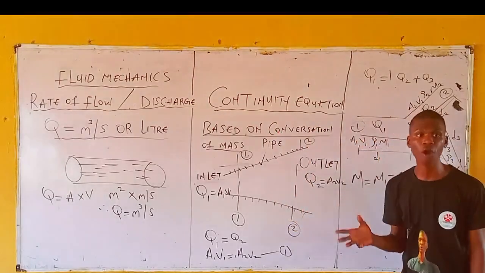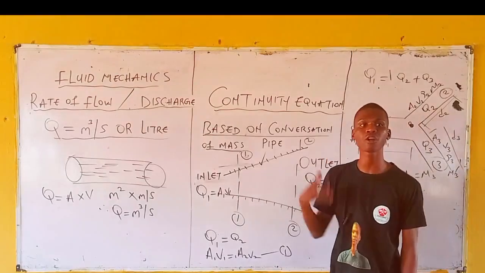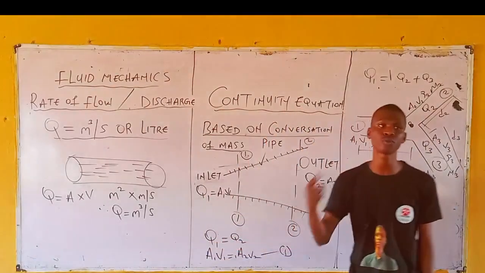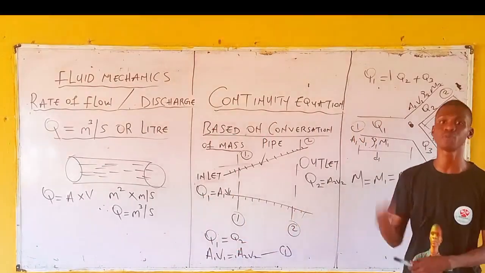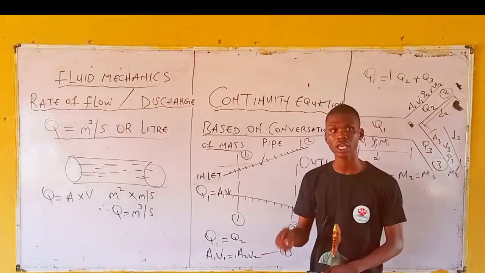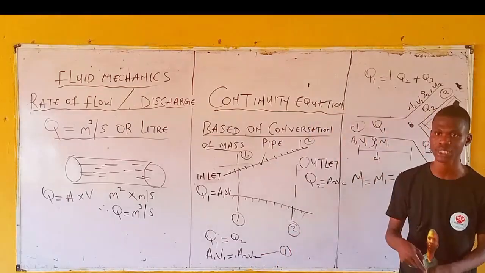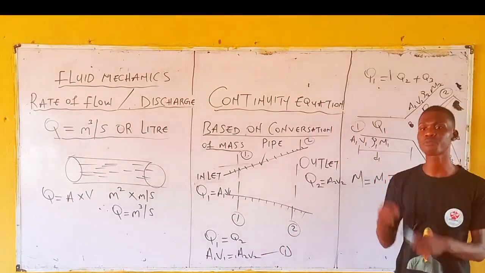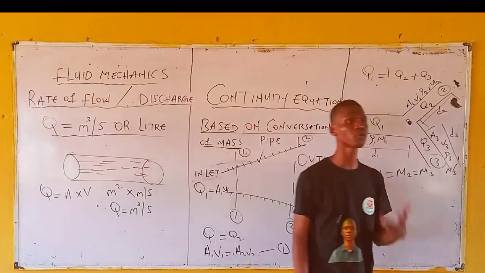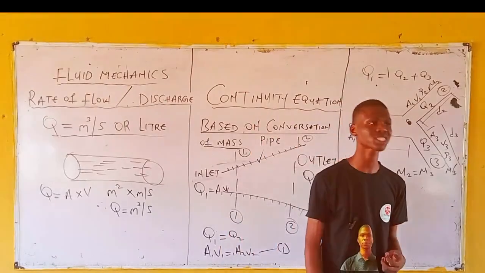Now, the flow might be a compressible flow or an incompressible flow. If it is compressible flow, you have your continuity equation. If it is incompressible flow, you have your continuity equation. Now take note. For compressible flow, density is constant.